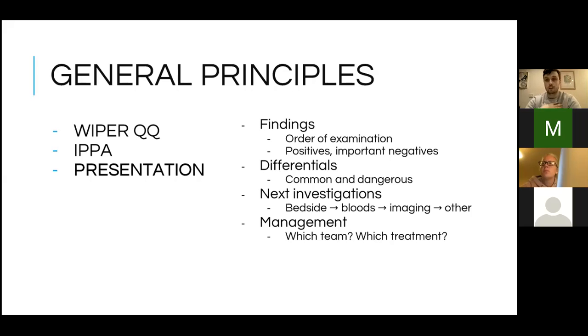In the chest, I could hear X, Y, Z. In the abdomen, I felt X, Y, Z. In the legs, I couldn't see X, Y, Z. So: important positives, pertinent negatives, and then coming up with a differential diagnosis. You may not get the actual diagnosis, but it's useful to at least formulate a list of what it potentially could be, and how you will either rule in or rule out your suspicions.